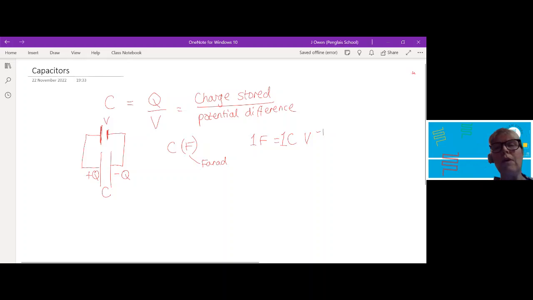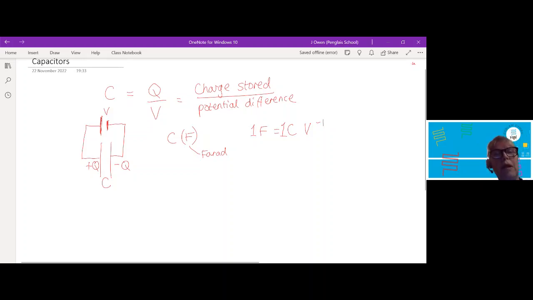Okay, so we can change the capacitance of a plate, and the easiest and very common question on how to improve the capacitance is quite simply to add a dielectric.